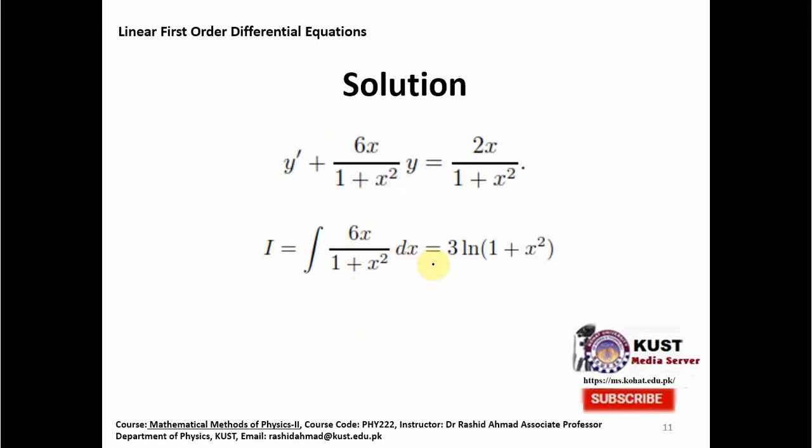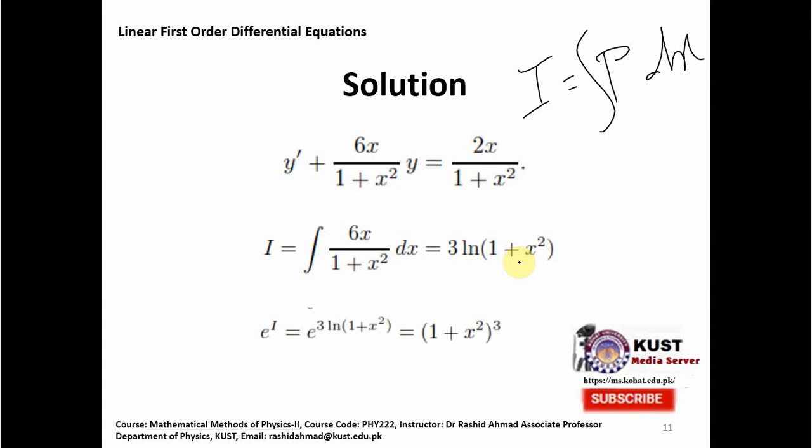You can simply calculate this, it's not very difficult, equal to 3 natural log of 1 plus x square. And then if we exponentiate it, because the integrating factor is actually e raised to power I, we will get e raised to power 3 natural log of 1 plus x square, which can be written as 1 plus x square raised to power 3.